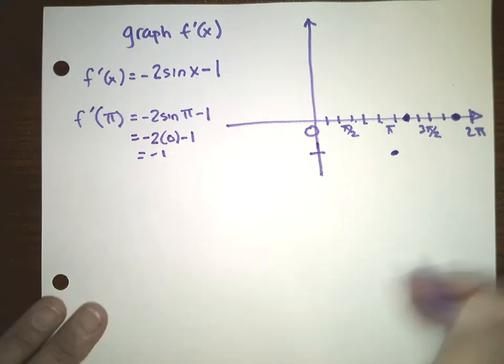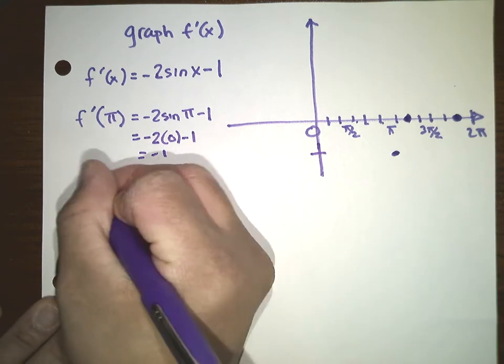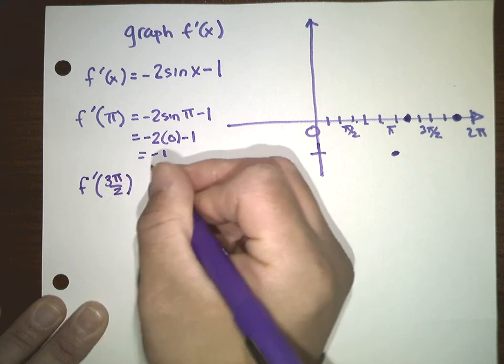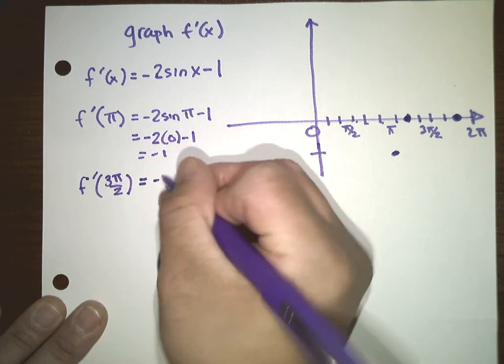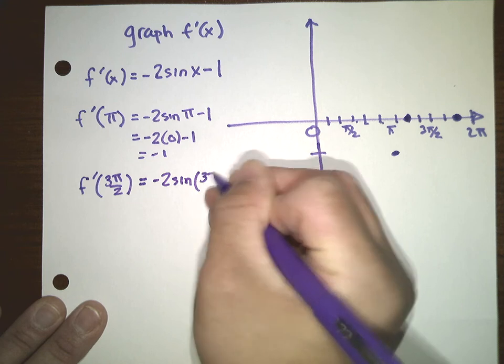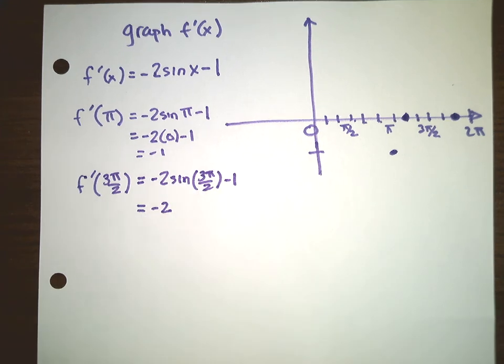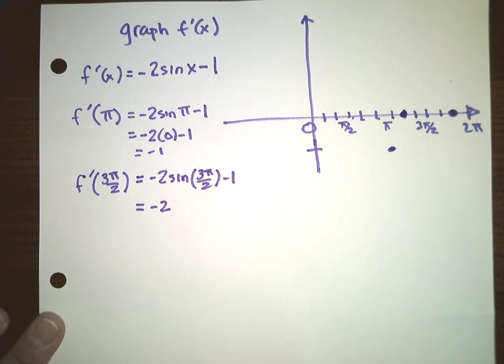And then at 3 pi over 2, f prime of 3 pi over 2 is going to be negative 2 sine of 3 pi over 2 minus 1. So sine of 3 pi over 2, what will that be?